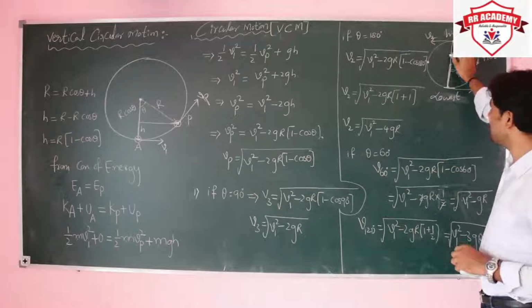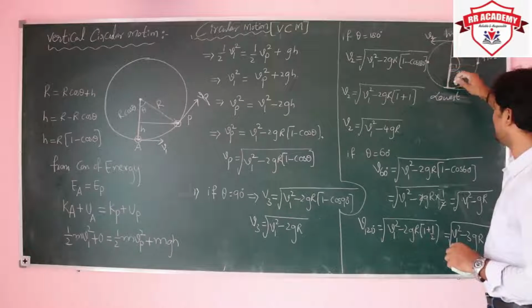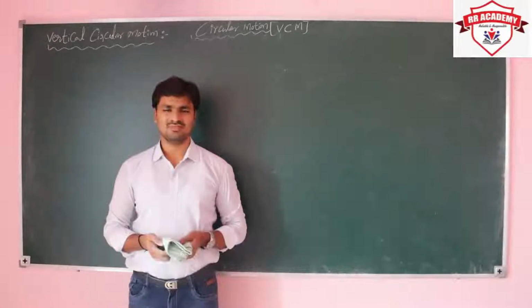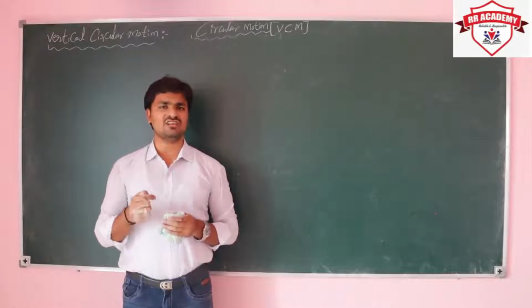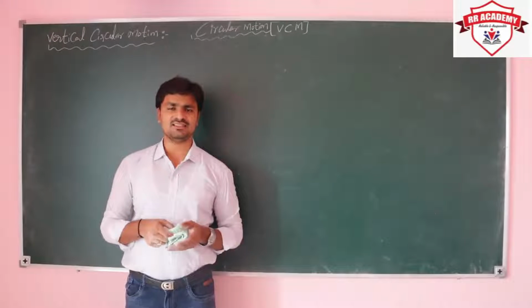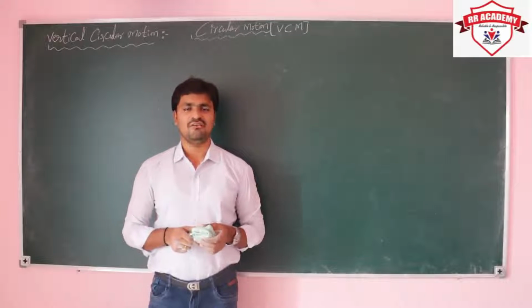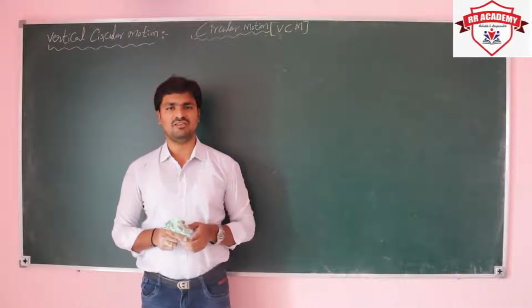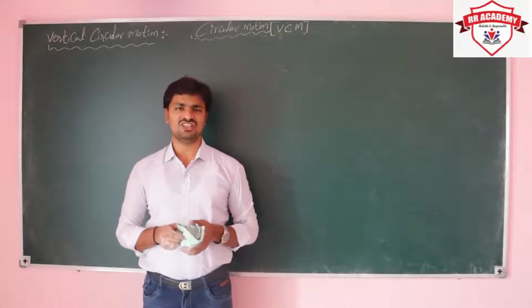And again from here onwards, the value of the velocity gradually increases, and when it reaches this position, again the velocity will be maximum. So now we have discussed the velocity at different points. Velocity at the lowest point is maximum, v1, and velocity at the highest point is minimum, under root v1 square minus 4gr.